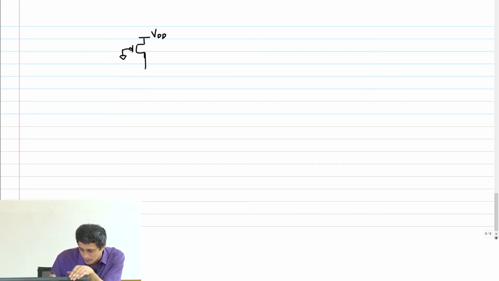Okay. So now I can take this logic further and say, okay, let's say I want a NAND2 gate in pseudo NMOS.